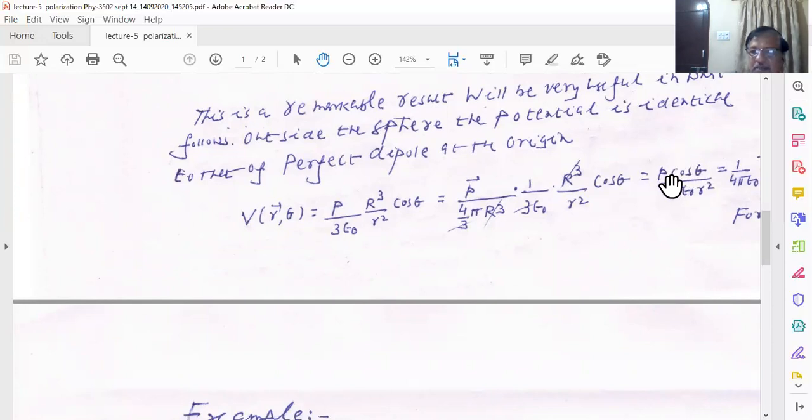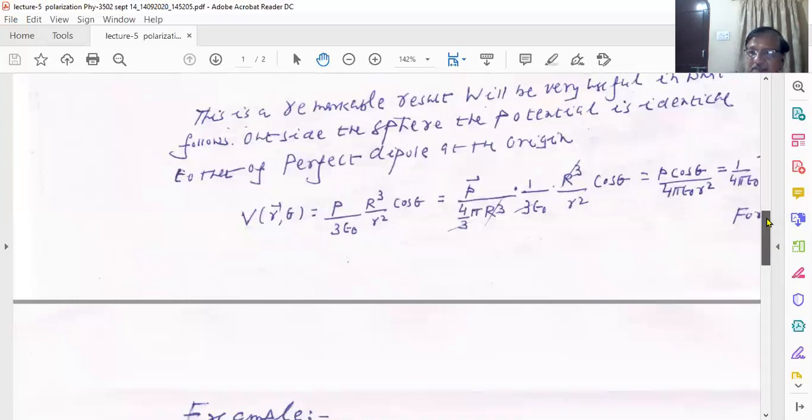And this is nothing but the expression of electric potential at a distance r from the center of the dipole. So this is the potential due to the dipole.